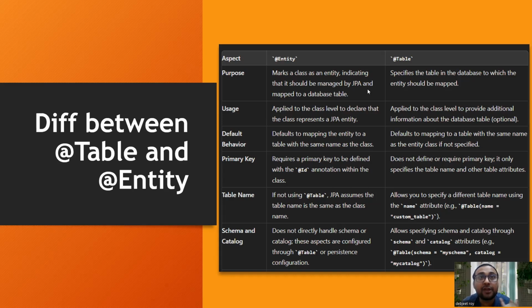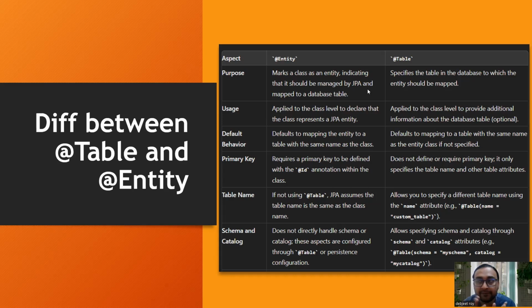But if you have seen the convention, table names do not follow camel casing conventions. They follow underscore conventions. Let's suppose the employee table: employee starts with small letters, and if it is employee ID, it will be employee underscore ID.